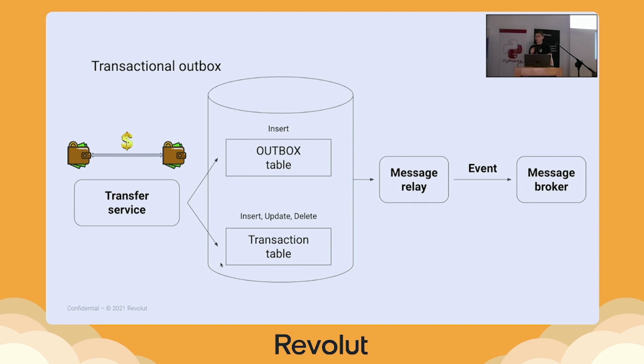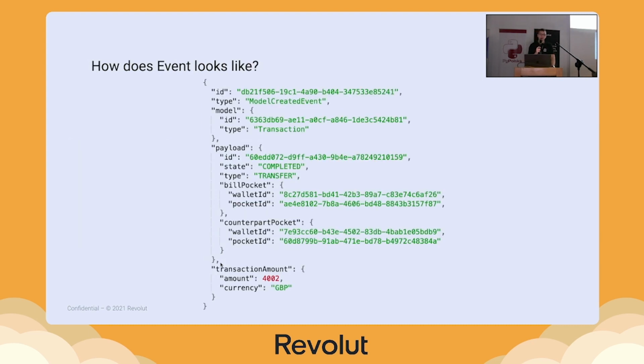We know that everything that was inserted into an outbox table always will be sent to centralized event bus. Then all consumers can proceed with their part of distributed transaction. All events we are producing in a form of JSON messages.